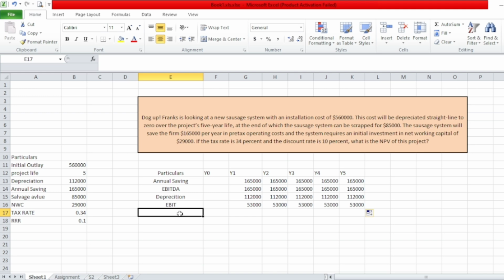Now I will find out the tax for each year, multiplying by the tax rate. I'm also putting in a lock so that I can simply drag it.